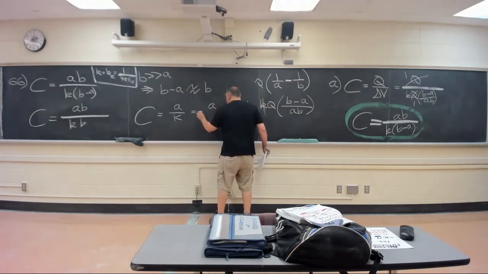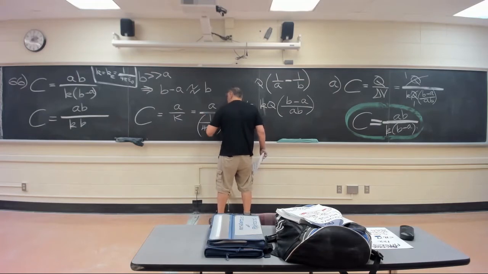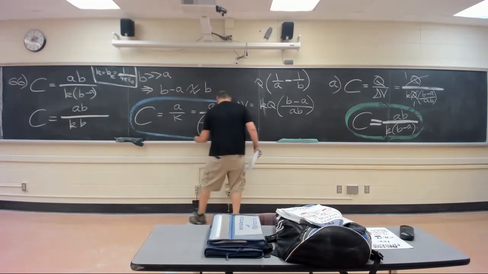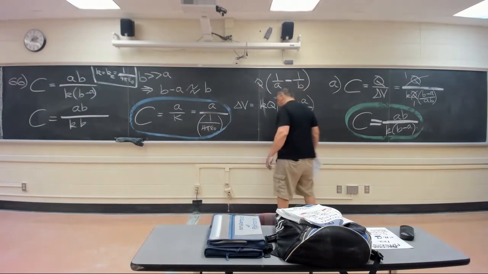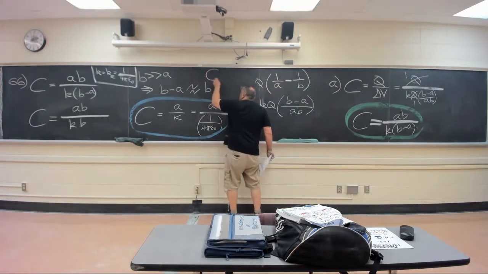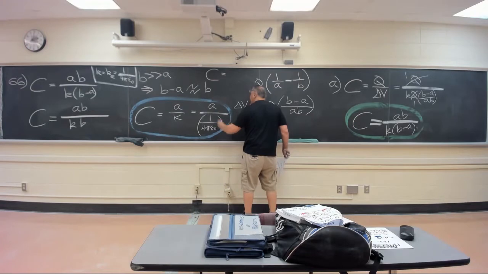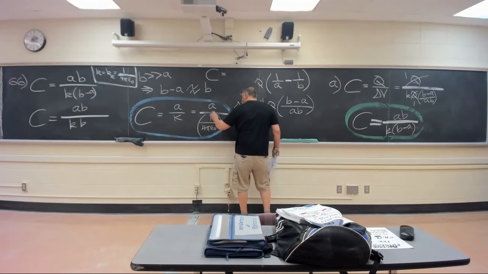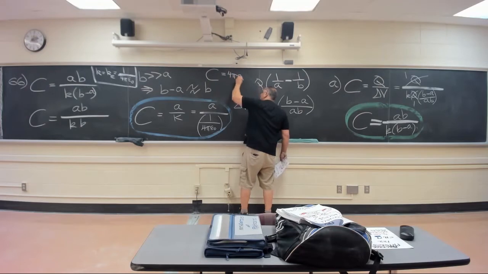You got A over 1 over... Let me just see how they wrote it. Okay, yeah, A over this is 4 pi epsilon naught A.